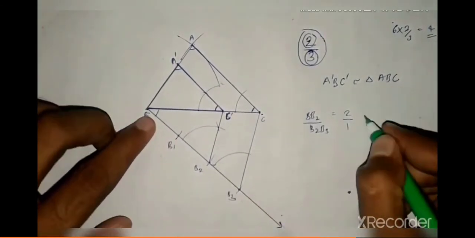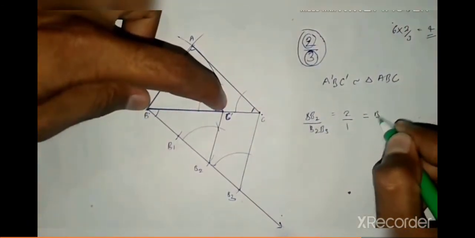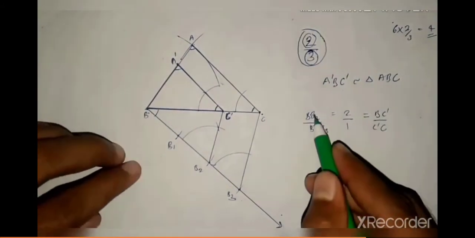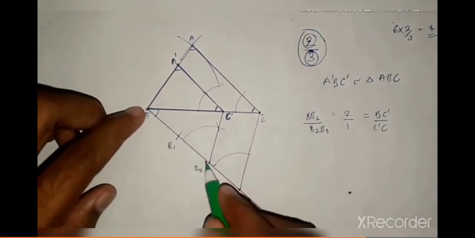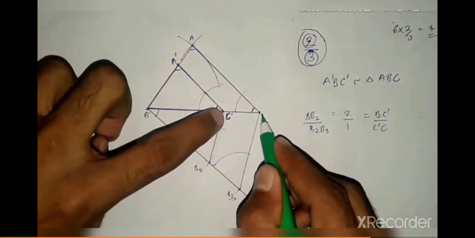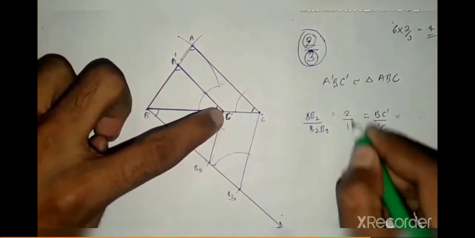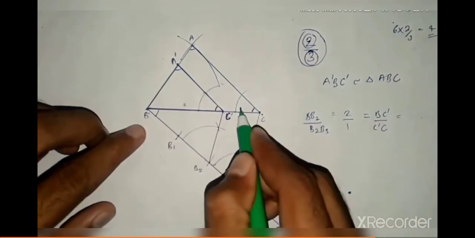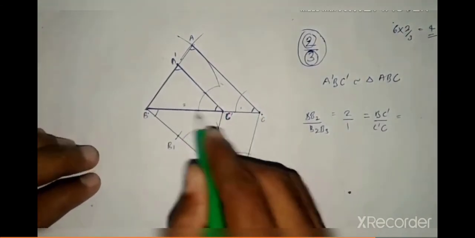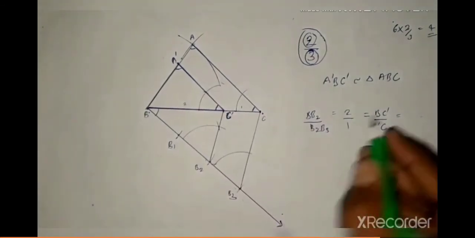The same way here, AC dash by BC dash also will be 2 parts, because all will be divided based on the parallel we drew. So based on that only it will be equal 2:1. The same way here also 2 parts, 1 part, totally 3 parts.